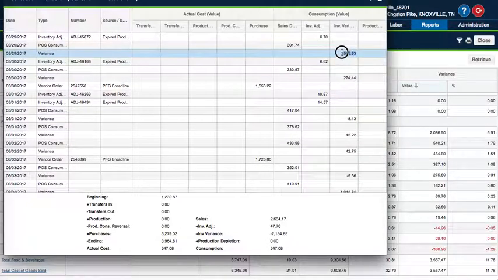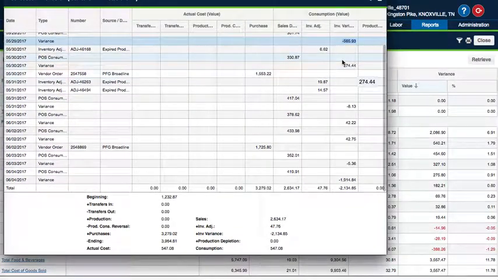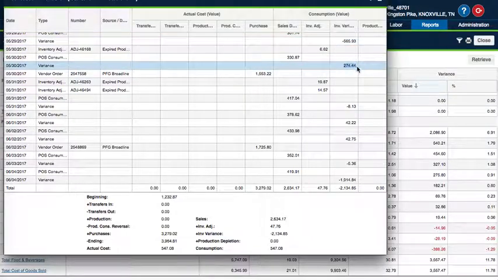So that tells me that maybe on Monday's critical counts, I need to make sure that we're counting accurately. And you can see here $274, that's saying we grew 3 or 4 cases worth of chicken. So this report can help you track down some individual variances based on your critical counts.